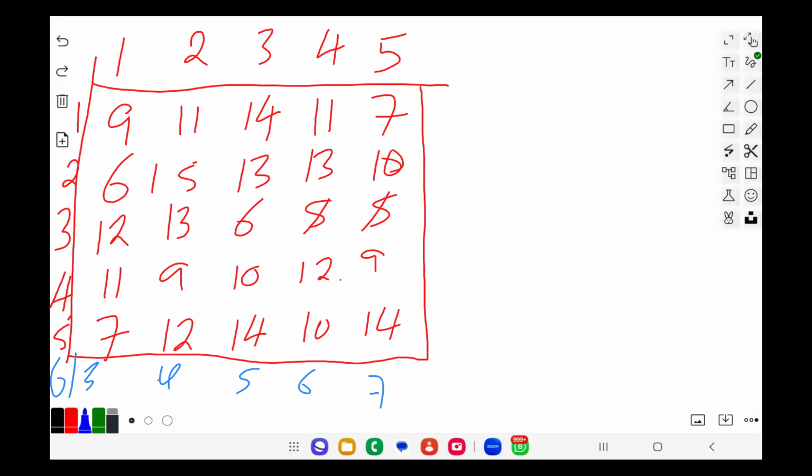You add a dummy column of zeros. That's a dummy column, so it would now make six columns. You get the point, right? And vice versa. That's how you balance, first of all.